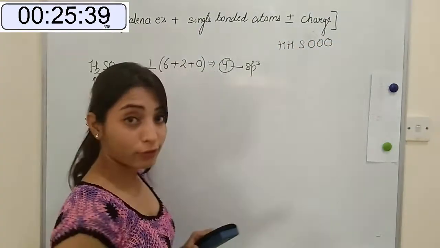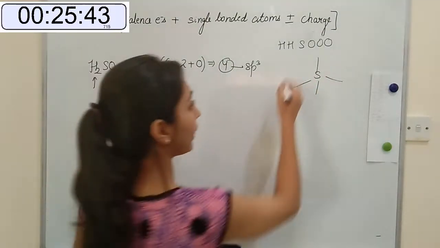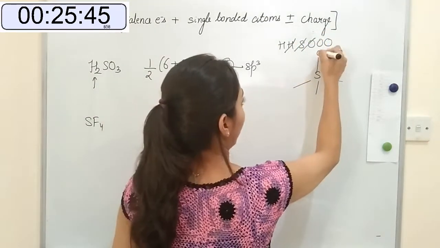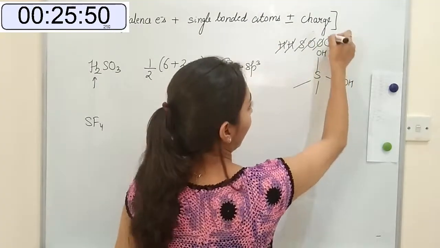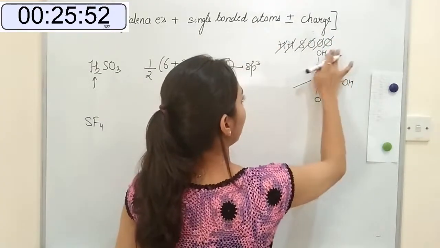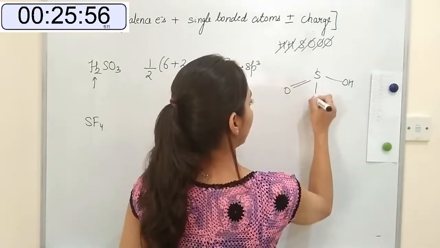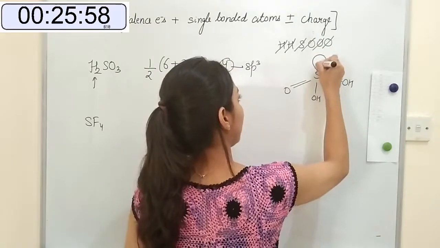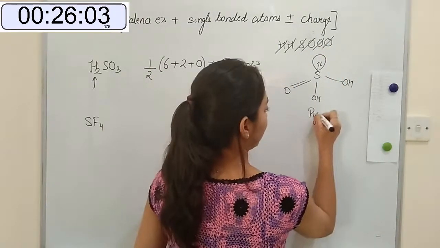How to do? Sulfur in the center. First draw the skeletal structure, okay? Now one H goes with one O, the other H goes with the other O, and we have one double bond. Let me remove this. Put one OH, double bond here, OH here, and this is the structure. Fine. So this is pyramidal.